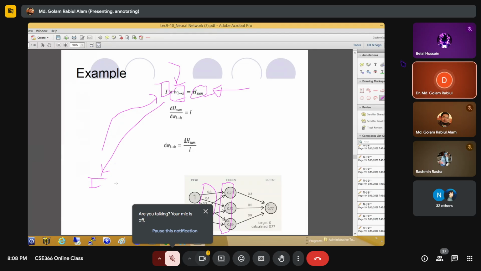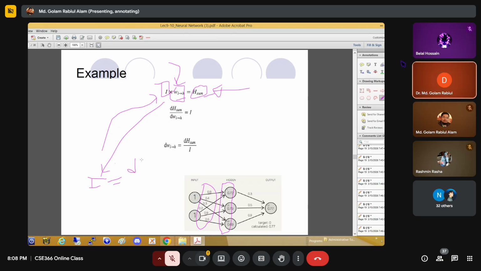because we are taking the derivative with respect to W. So it will be I equals delta hidden sum by delta WHO. Okay.